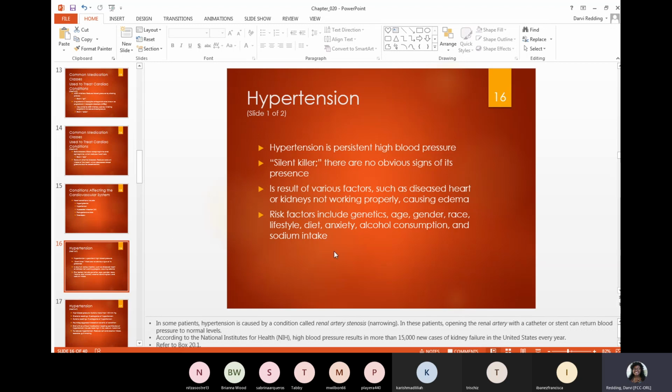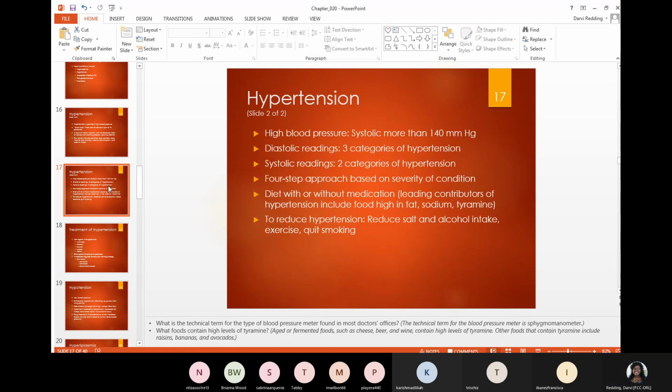It's important to know the risk factors so that when you are speaking with patients, they might give you some additional information into what they're going through. This could be helpful so that you can share this information with the pharmacist. So in learning about hypertension, we'll also learn that high blood pressure is where the systolic is more than 140.